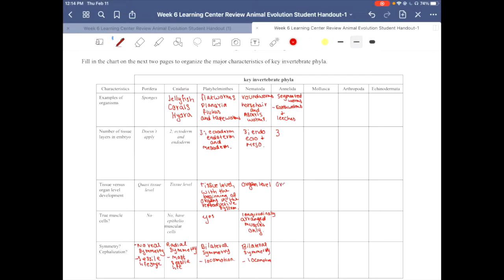And they're also going to be organ level. And here their muscle arrangement's going to be a little different. So they're going to have longitudinal arrangement, but at the same time, they're also going to have circular muscles. And they're also going to have bilateral symmetry.